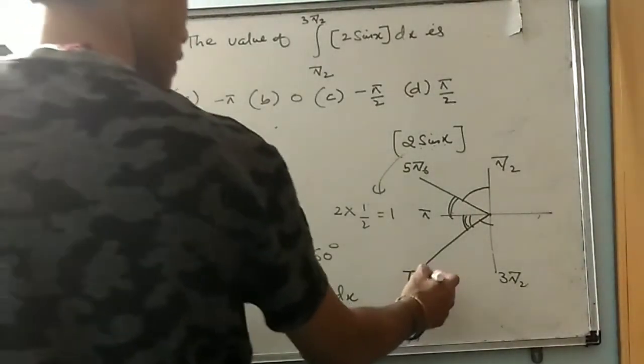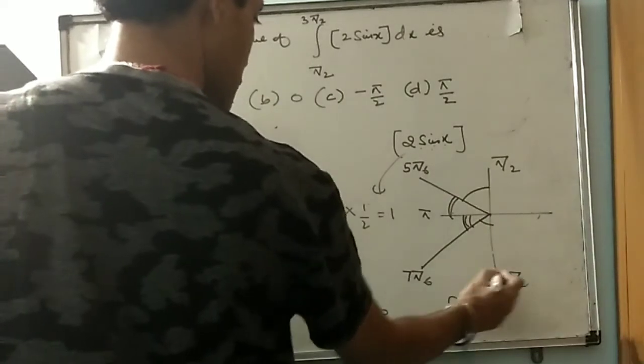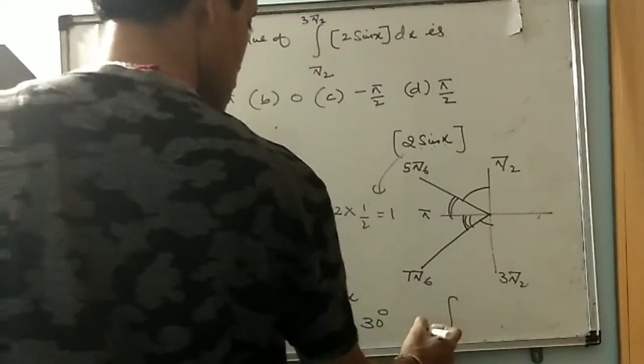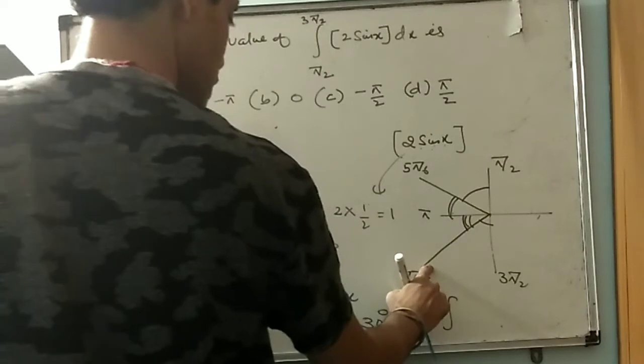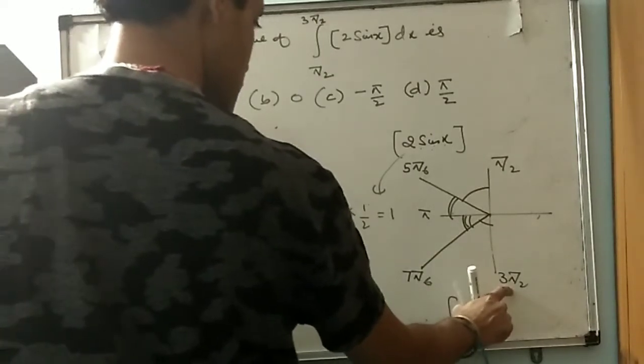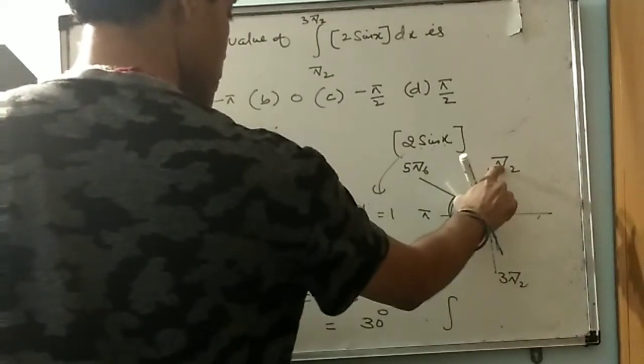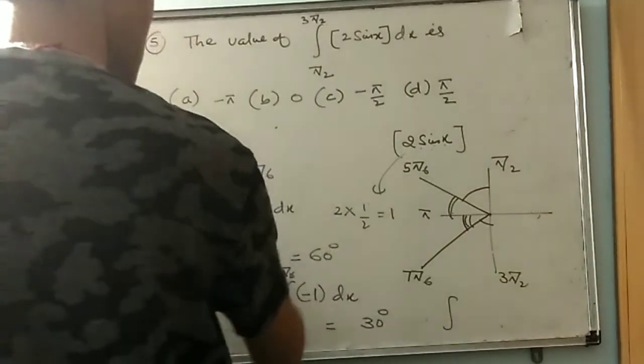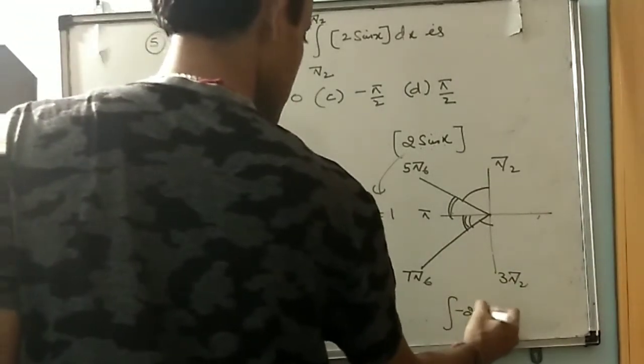And the last is 7 pi by 6 to 3 pi by 2. This one is giving us minus 1, this one is giving us minus 2. At pi by 2 it is 1, at 3 pi by 2 it will be minus 1. So minus 2, we need to integrate.